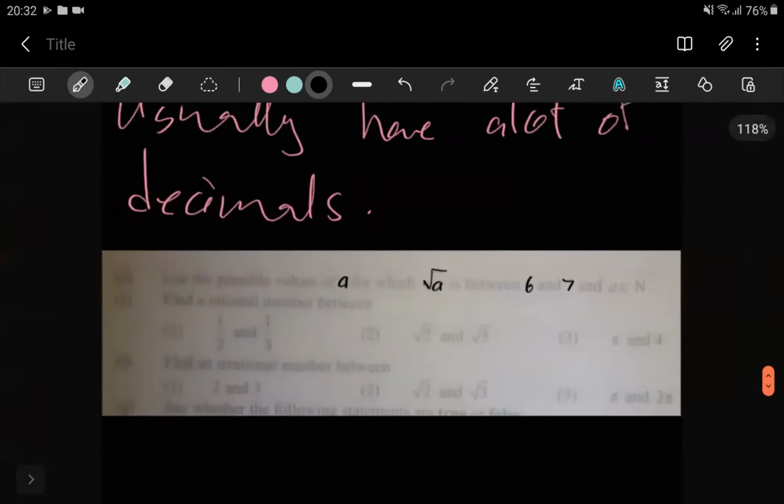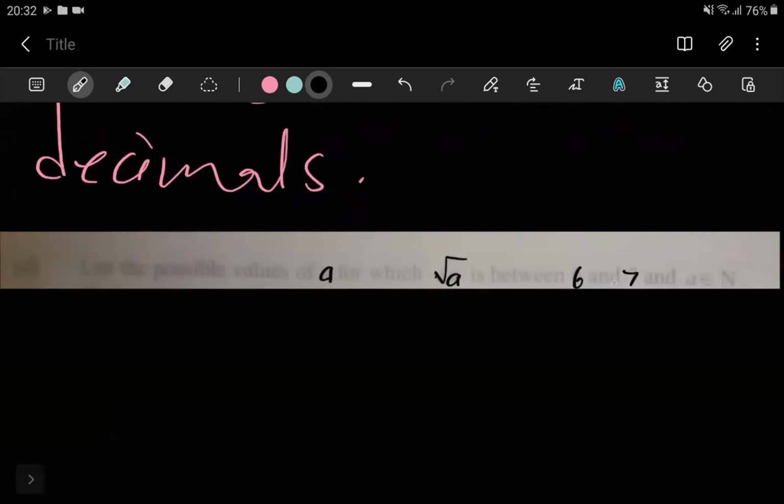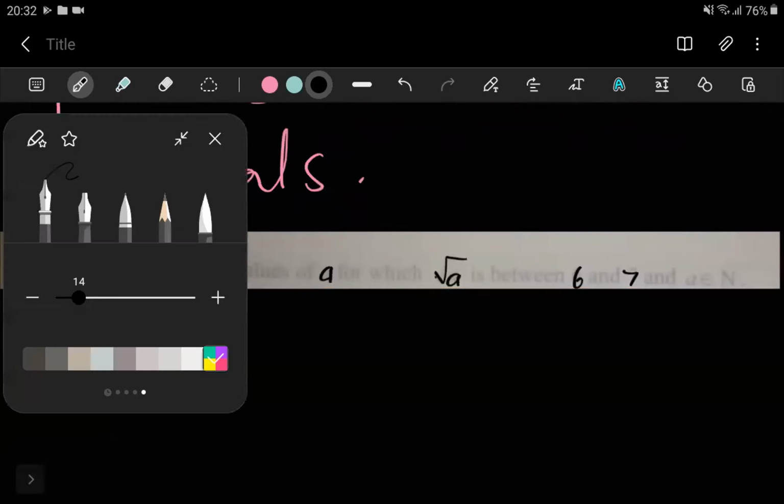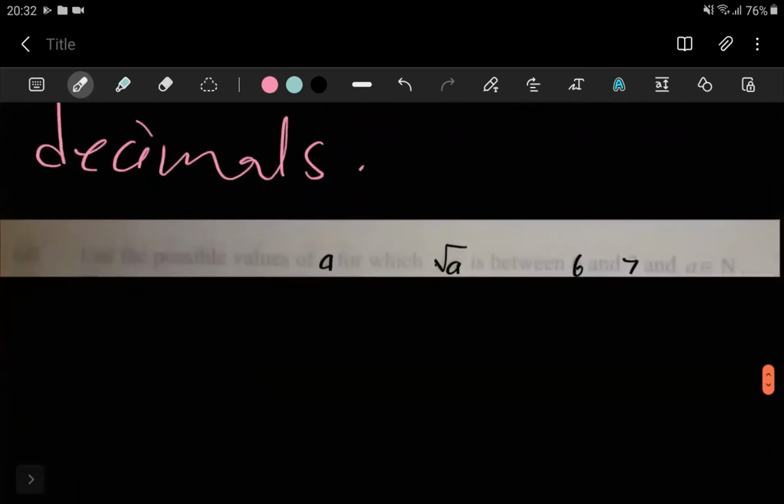So they say it here: list the possible values of a for which the square root of a is between 6 and 7. This kind of question, you can almost work out using trial and error. Let's test out square root of 16. Square root of 16 is a 4. So if a is 16, the square root of a is 4.